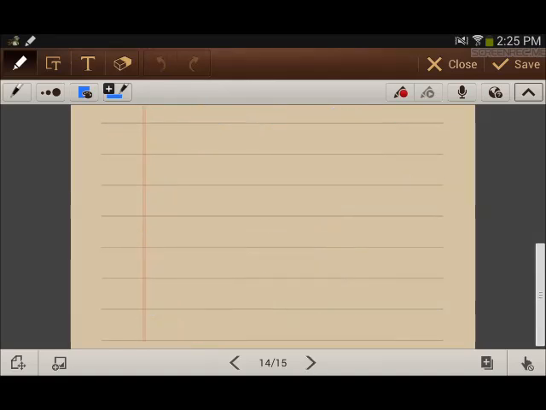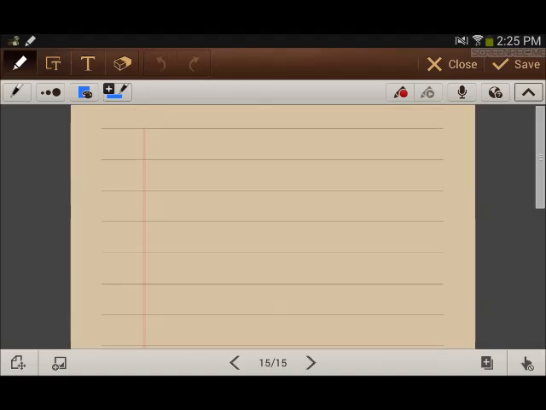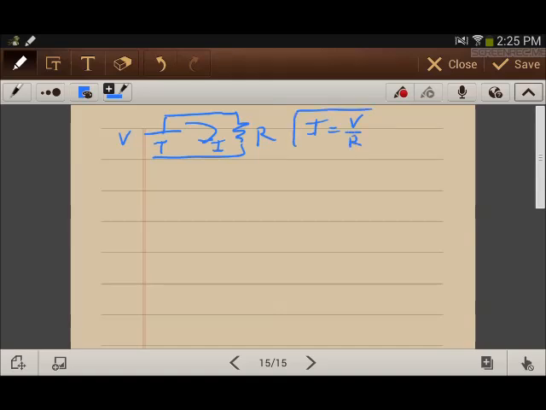What I'm saying is, if I have a battery connected to a resistor, the current that is flowing through the resistor is simply the voltage divided by the resistance, and this current will produce this amount of heat dissipated on the resistor.